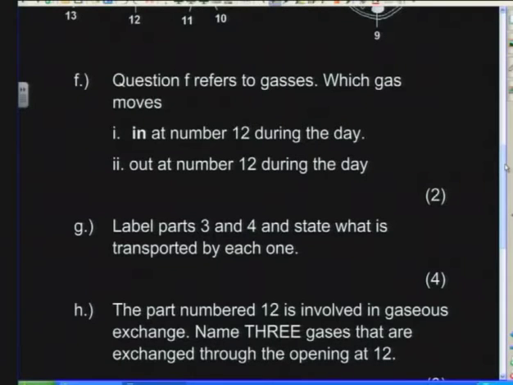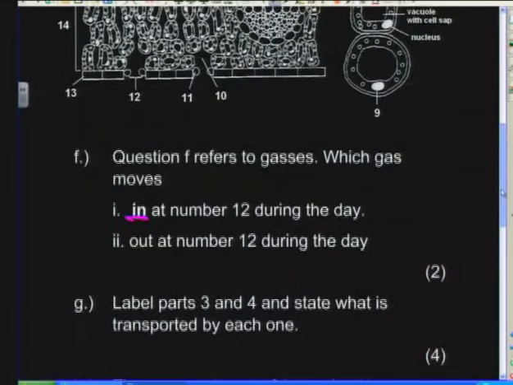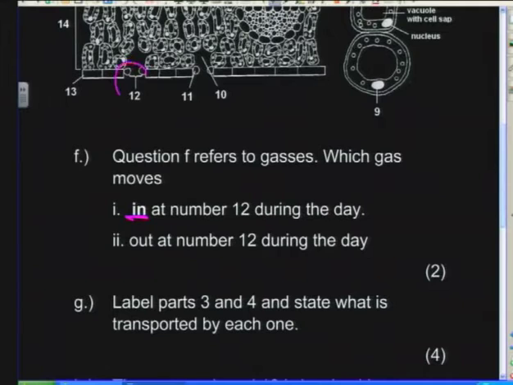Which gas moves in at number 12? So if I just go up a bit, there we go. Which gas moves in? Now you need to remember that the leaf is opposite to you. We breathe in oxygen and out carbon dioxide. What goes in? Carbon dioxide.